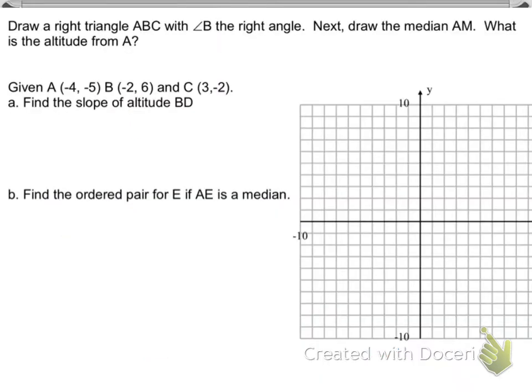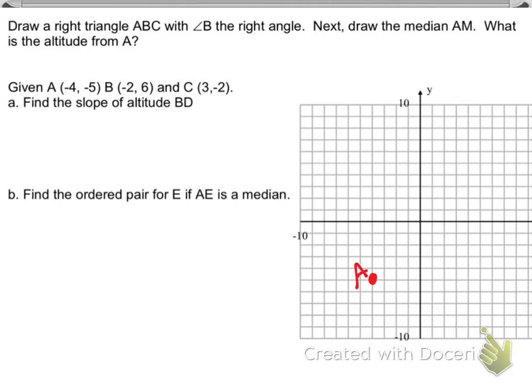All right, this next question gives me these 3 points. So I'm going to go ahead and plot these 3 points. Make sure when you do this that you label the points. That's going to be key here. So here's A, that's at -4 and -5.